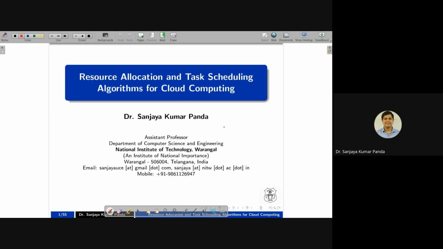People use these terms alternatively, but they are different. So we'll discuss what is the difference between resource allocation and task scheduling, and which phase follows which other phase. So is resource allocation following task scheduling, or is task scheduling following resource allocation? That we'll see.